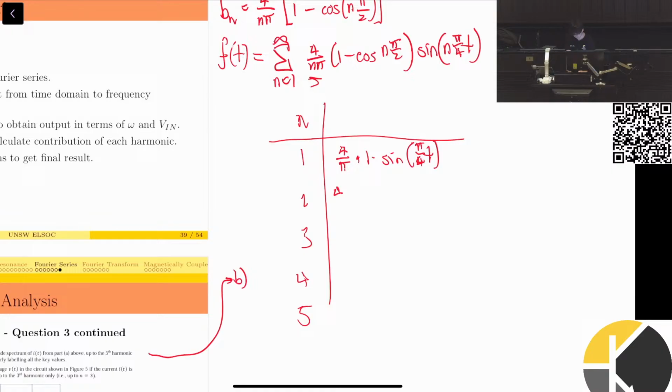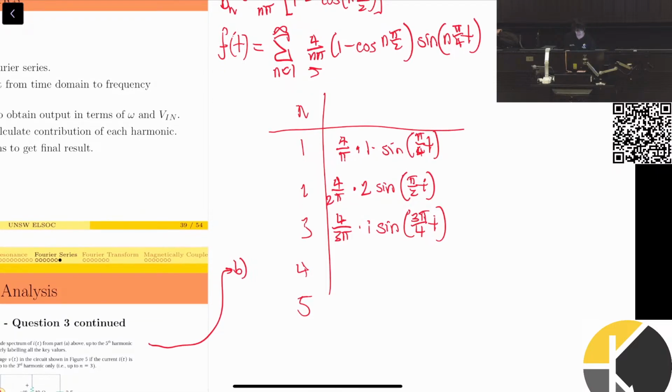And I'll repeat that for the other ones. I won't bore you with the exact math. So this should be 2. The fourth one is important to note that when we sub in n equals 4 here, 4 times pi on 2 will give us 2 pi.